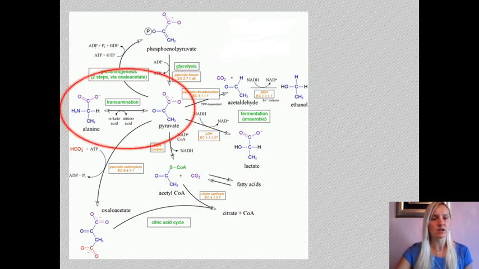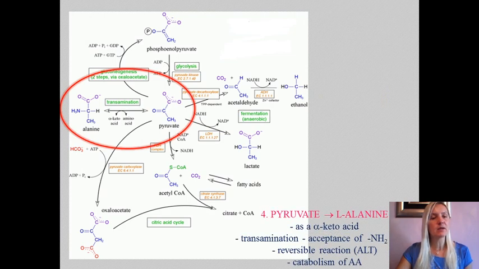So let's move on. What is the next option for our pyruvate? Pathway number 4 is conversion of pyruvate to L-alanine, where pyruvate is a keto acid. In the pathway called transamination, pyruvate can accept an amino group from some other amino acids to become an amino acid itself, alanine, and the amino acid is converted to a keto acid.